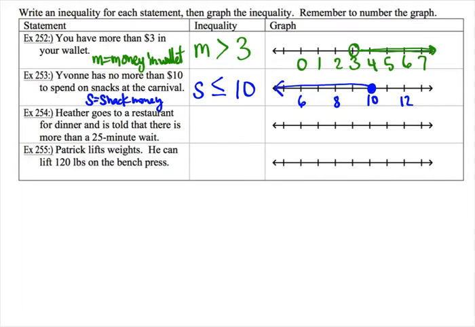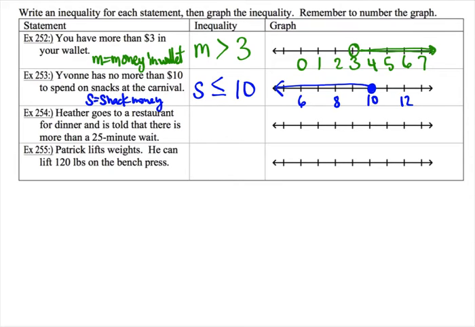Now, one thing about this problem to consider: it is not possible to spend negative amounts of money. So this actually technically only goes down to 0, because Yvonne's not going to be able to spend a negative amount of money.